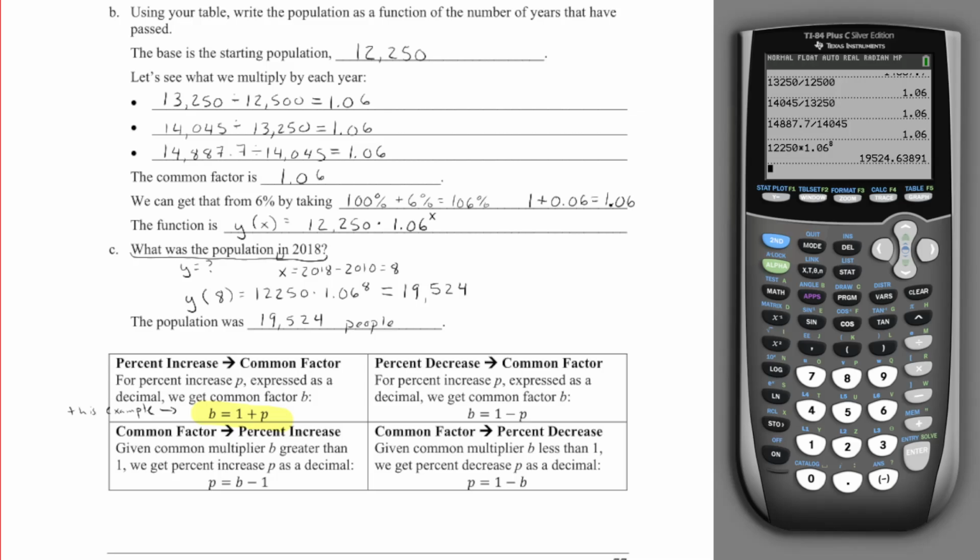A percent decrease will subtract. So a percent increase gets added to 1, a percent decrease gets subtracted from 1. And then going in the other direction, the algebra is a little bit more complicated, but you can get the percent decrease by taking 1 minus the multiplier.